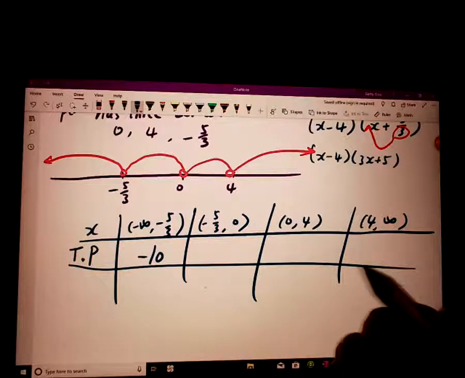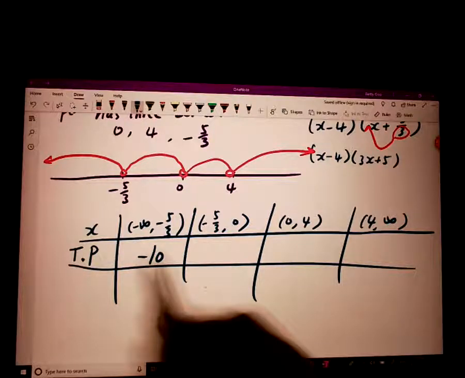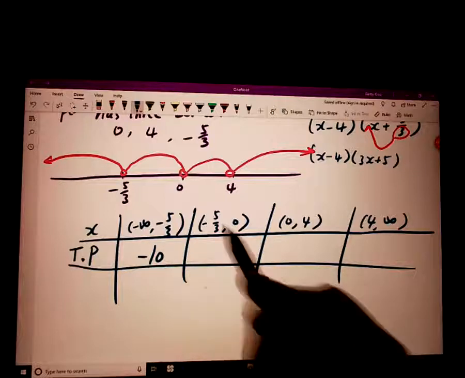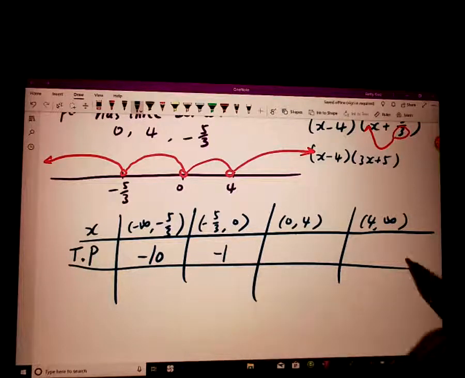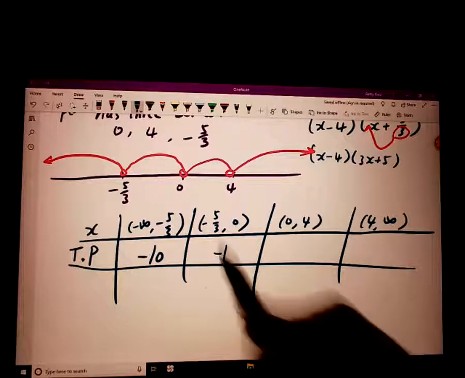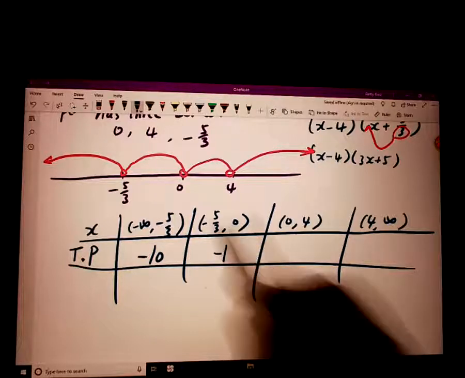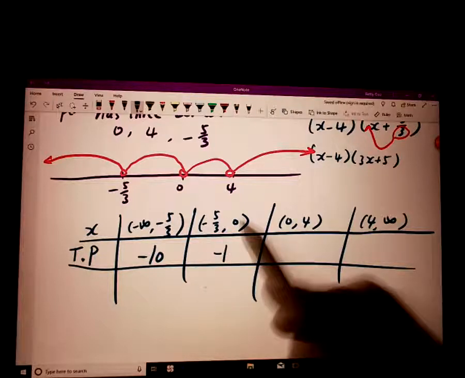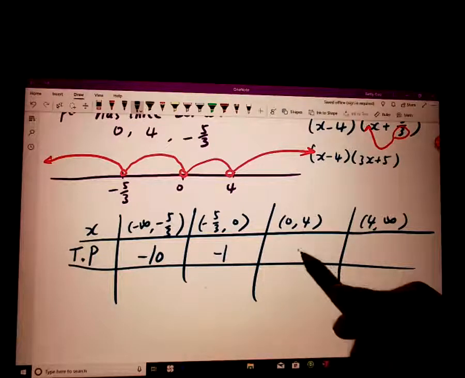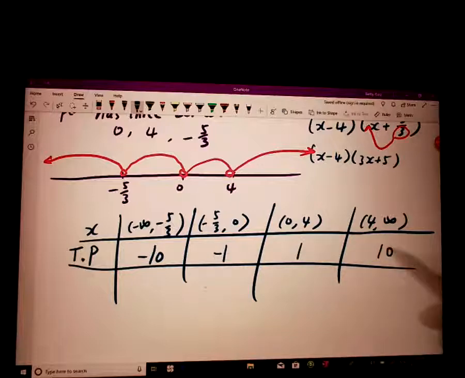I don't have to choose negative 2. Negative 10 would be very convenient. And here, I'm going to do negative 1, which is inside this open interval. This one, try positive 1. This one, try positive 10.